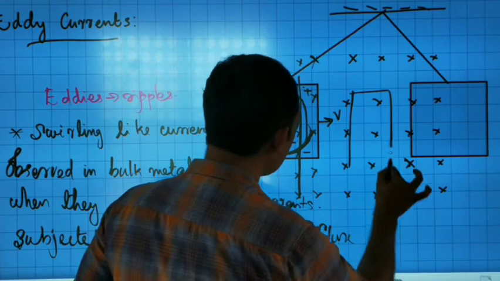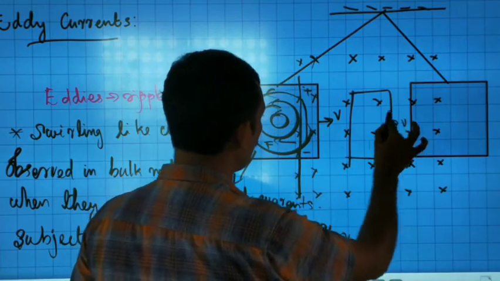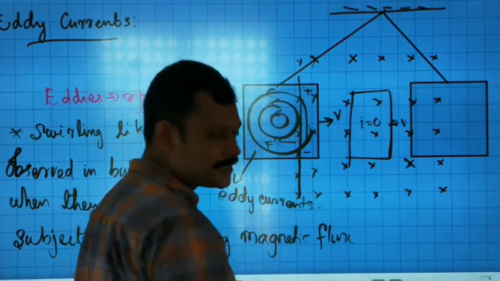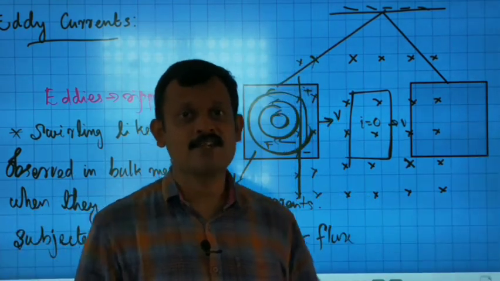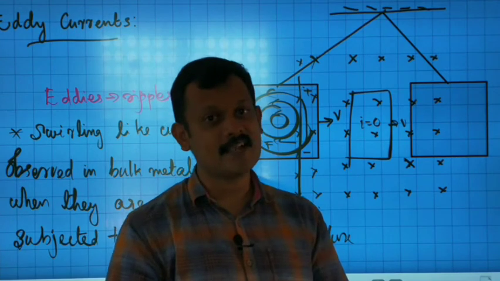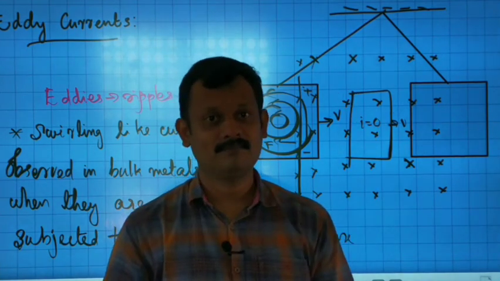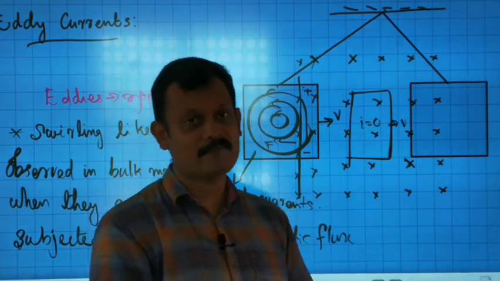When it is completely inside the field, it only has a velocity, but the induced current is equal to 0, because once it is completely inside the field, there is no change in flux intercepted by this plate.